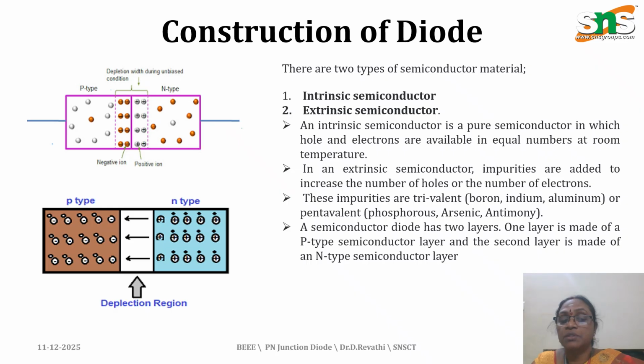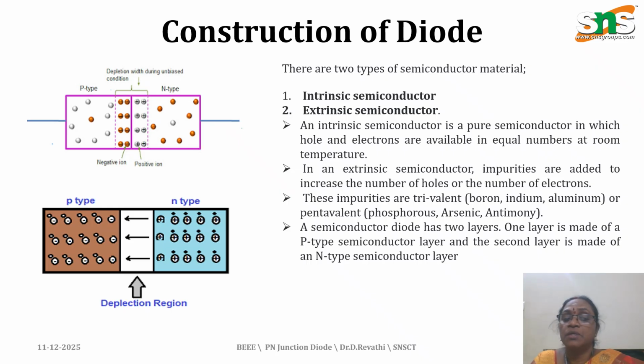The electrons settle near the P-type and the holes near the N-type, so a voltage and a barrier are created. This diagram shows the depletion region, with electrons formed here and holes formed here, during the unbiased condition. Because of this barrier, the charges are immovable.